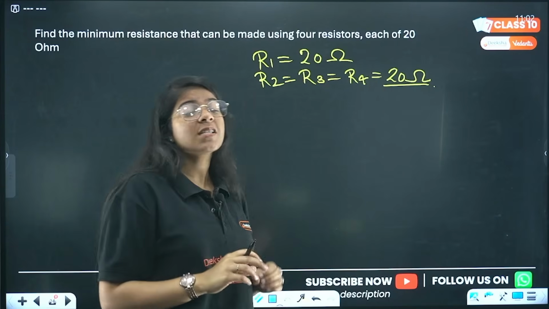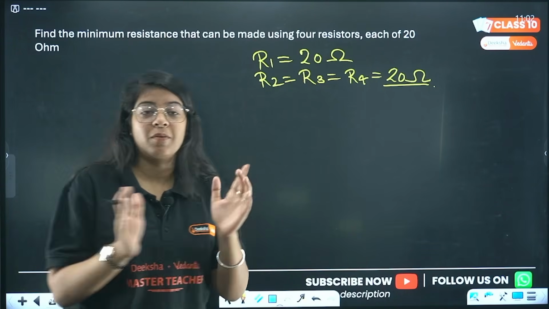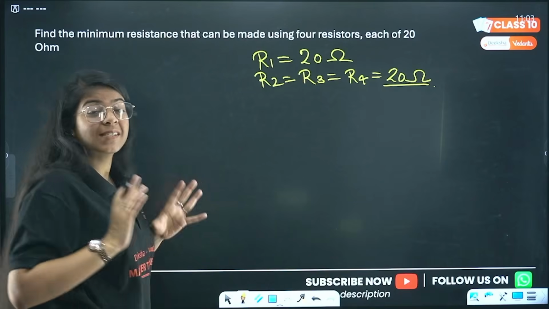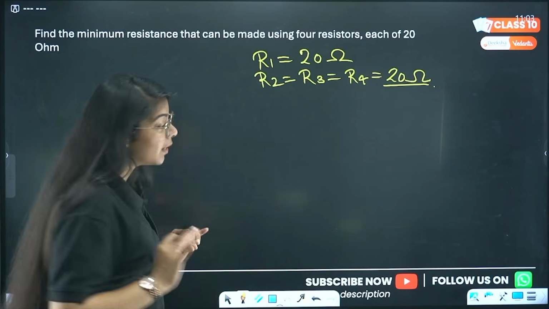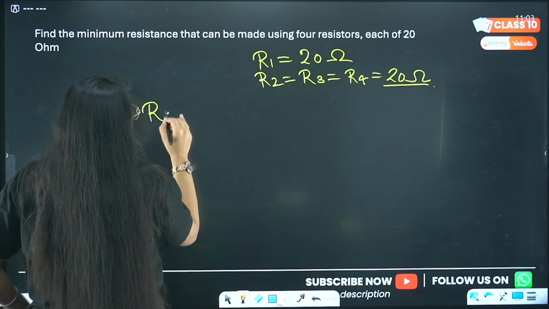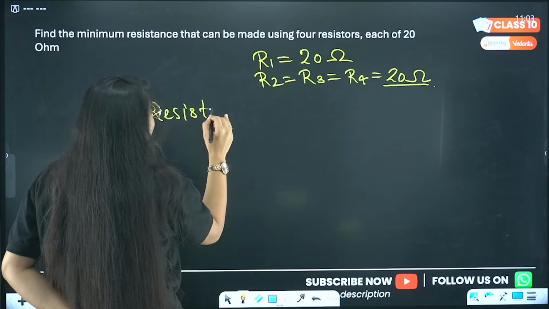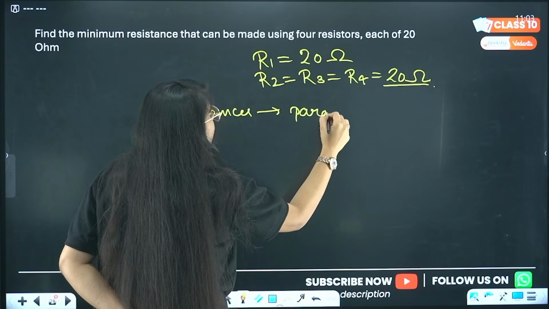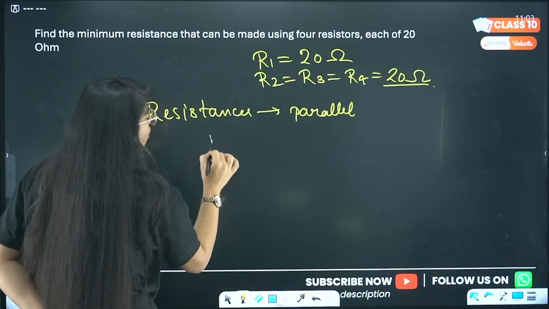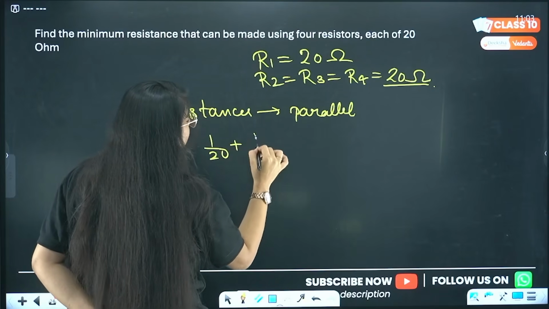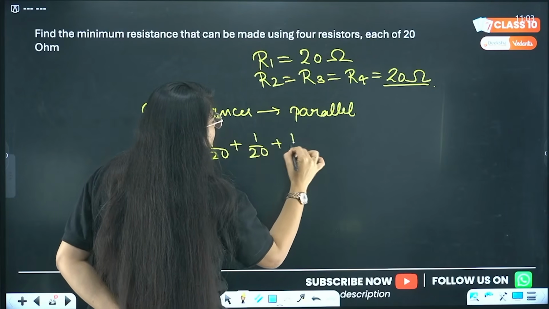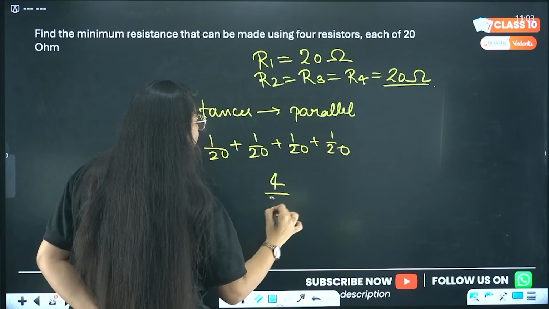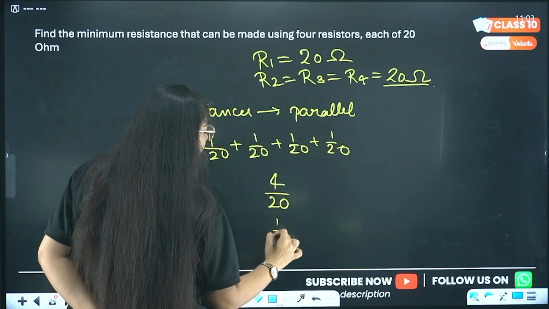We know that when we need minimum resistance, we connect all the resistances in parallel. So all will be connected in parallel. That means 1 by 20 plus 1 by 20 plus 1 by 20 plus 1 by 20, that will be 4 by 20, which is 1 by 5.